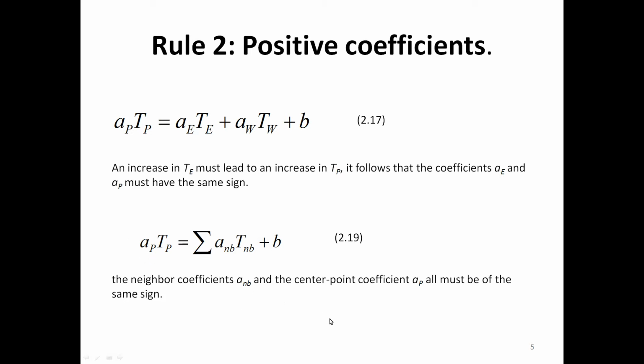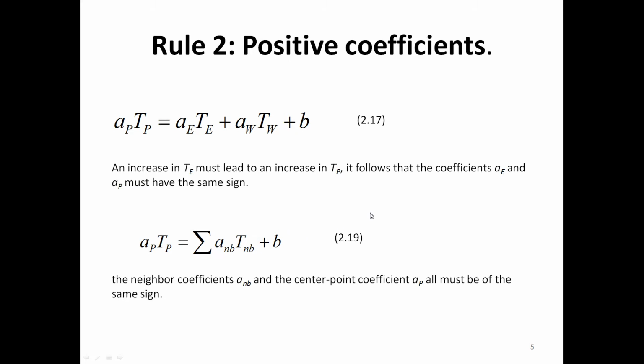Comments. The coefficient definitions given in equation 2.18 show that our illustrative discretization equation 2.17 does obey the positive coefficient rule. However, there are numerous formulations that frequently violate this rule.